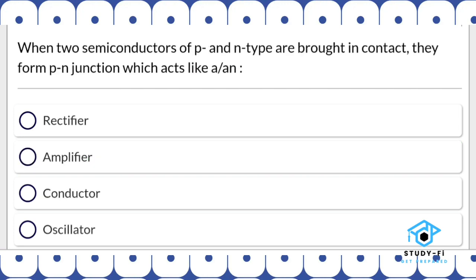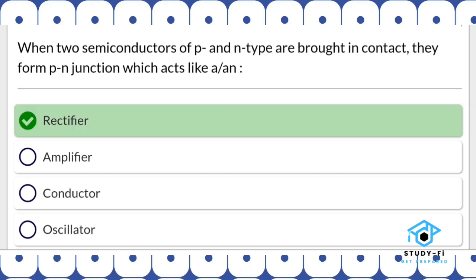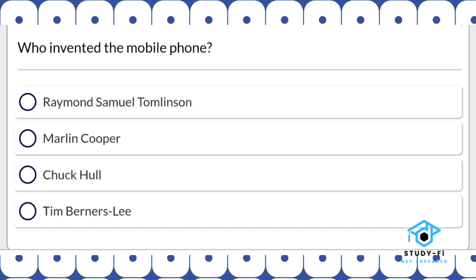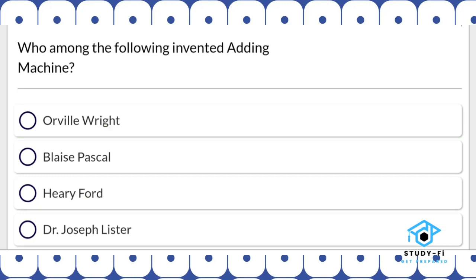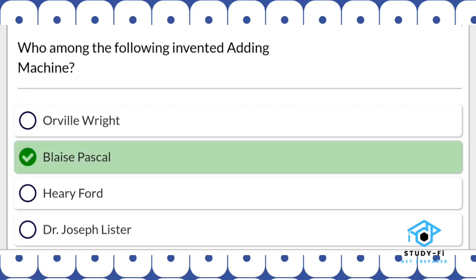When two semiconductors of P and N type are brought in contact, they form PN junction, which acts like a rectifier. Who invented the mobile phone? Martin Cooper. Who among the following invented adding machine? Blaise Pascal.